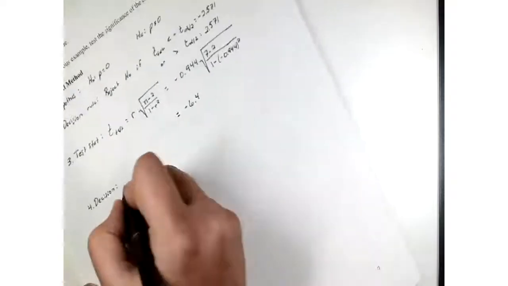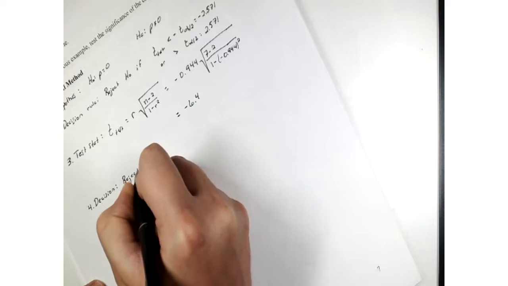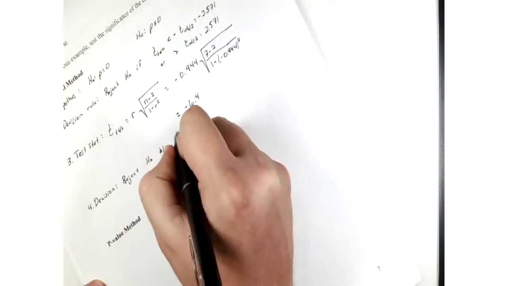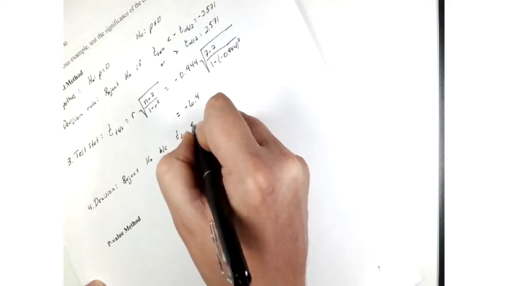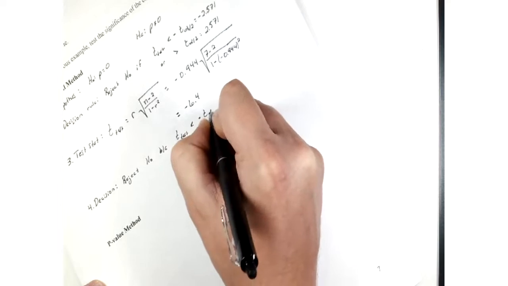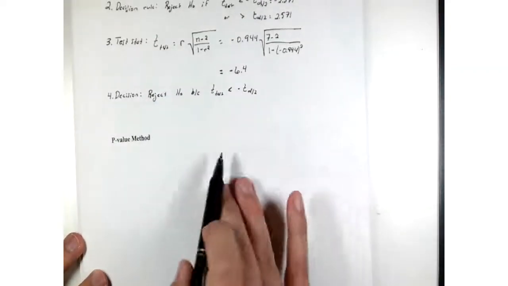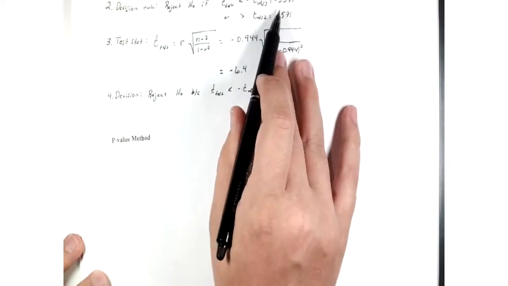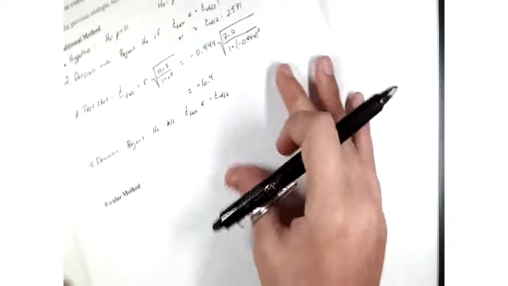Reject the null hypothesis because the t-test statistic we computed is less than negative t alpha. Does everyone see why that is? Because negative 6.4 is obviously more negative than negative 2.571, so that means it's less than it.